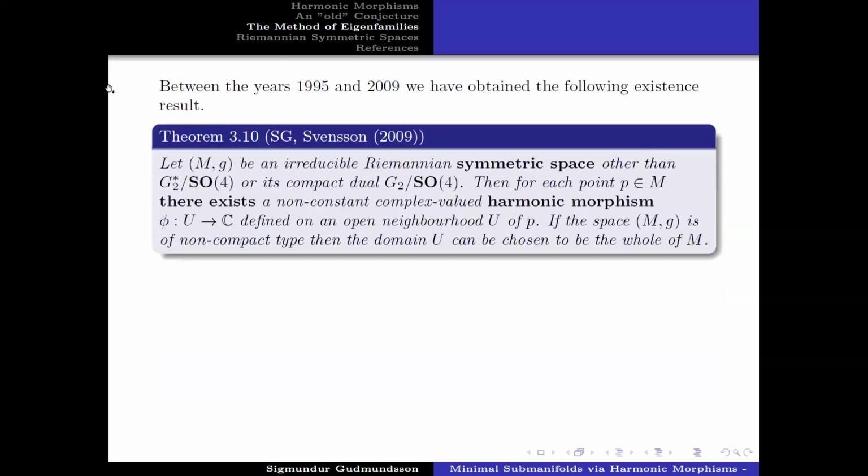Now, I told you before that I had the conjecture about the Riemannian symmetric space in 1995. And then I had an absolutely fantastic PhD student. At that time, I was a lecturer. I was teaching, day in and day out, and I wanted to learn Helgason's book on symmetric spaces.